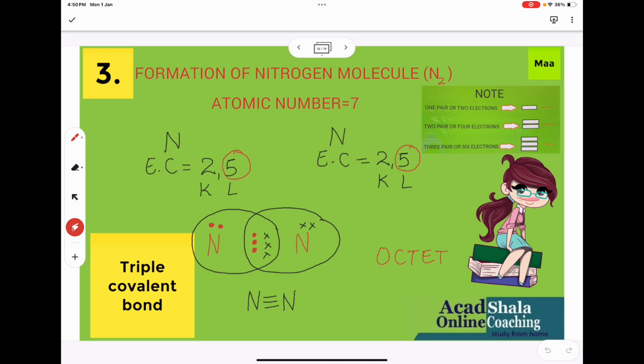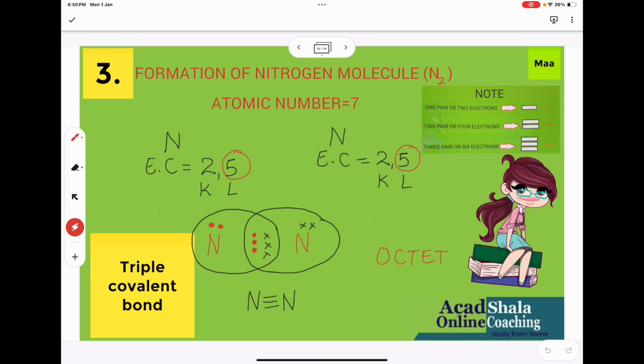So I've told you everything in detail, children. Always remember that the sharing is going on to attain the stable gas configuration. Always remember, children, whenever we do the sharing part, our motive is only to attain the stable gas configuration. Always remember, this is our motive for doing it.